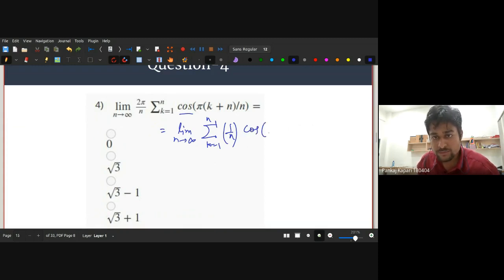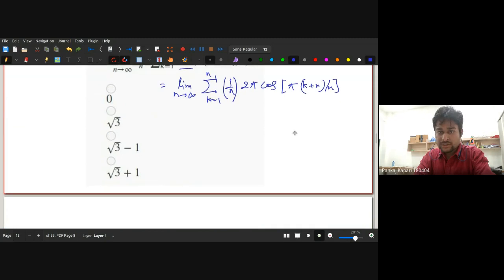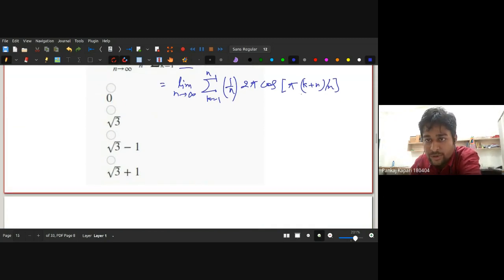And we have 2 pi times cos of pi times k plus n divided by n. This is our length of partition, x_i minus x_{i-1}, and everything else must be our f of c_k, where c_k is the choice of points inside the subintervals of the partition.